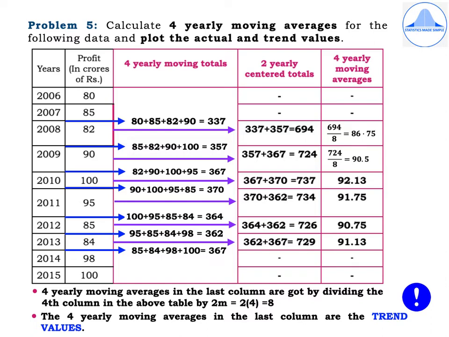You can look at the instructions which are there below the table. So if I do that, it will be 694 divided by 8, which is 86.75. 724 divided by 8 is 90.5. Continue in a similar manner. So you'll get 92.13, 91.75, 90.75 and 91.13. And the remaining two averages will be missing.